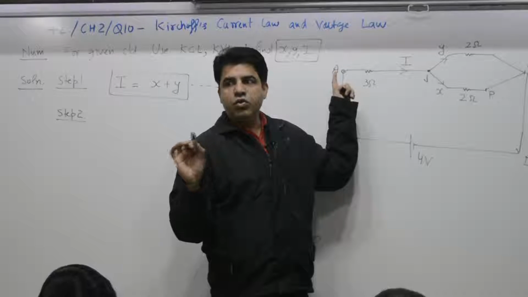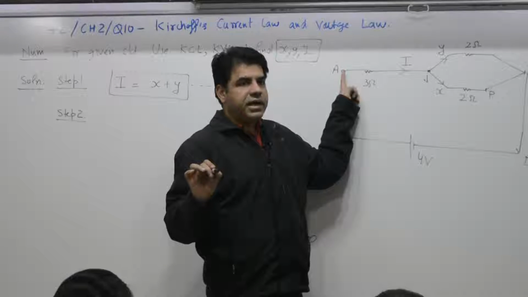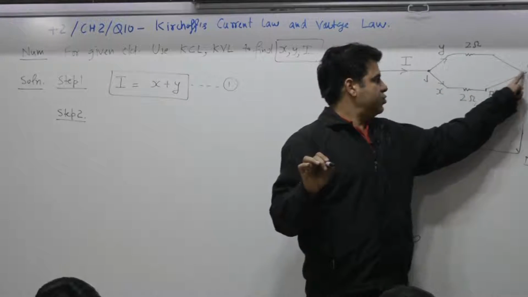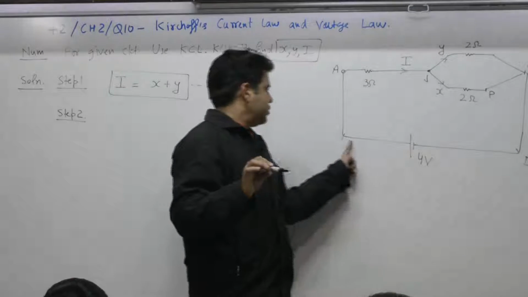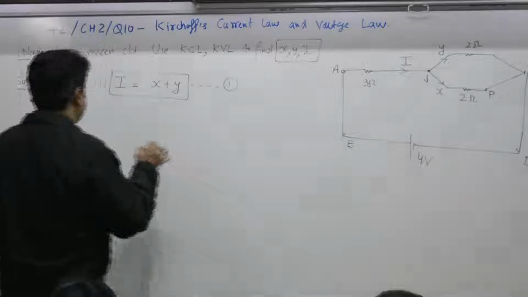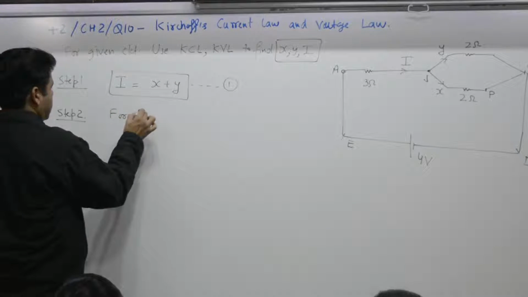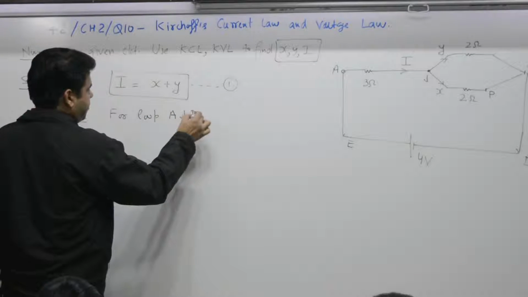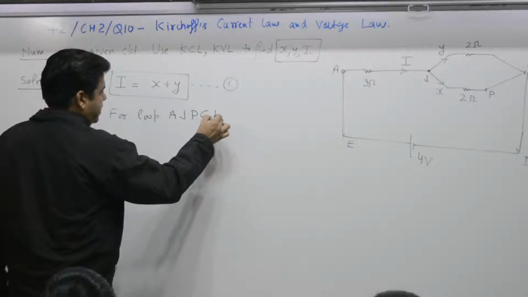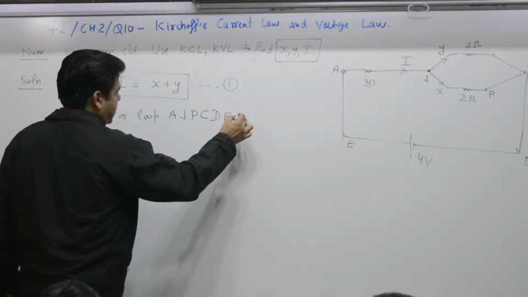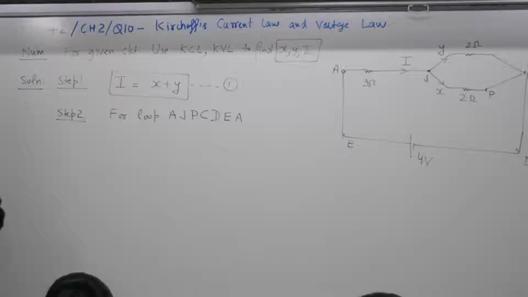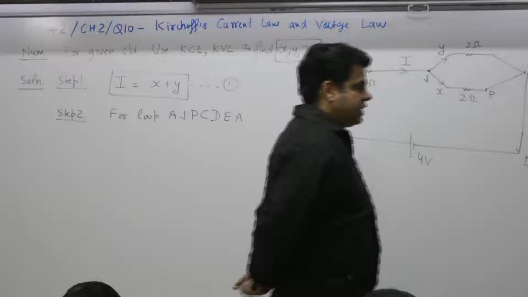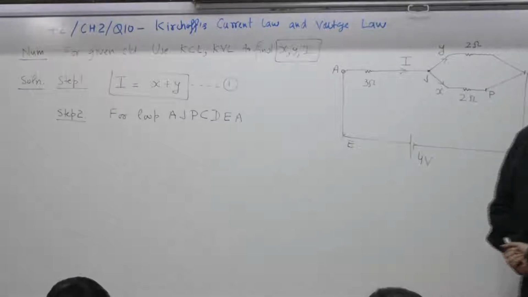For a given loop, you need to start from A to J, J to P, to C, to D, to E, then back. For loop A, J, P, C, D, E, A, apply Kirchoff voltage law. Total voltage rise is equal to total voltage fall.